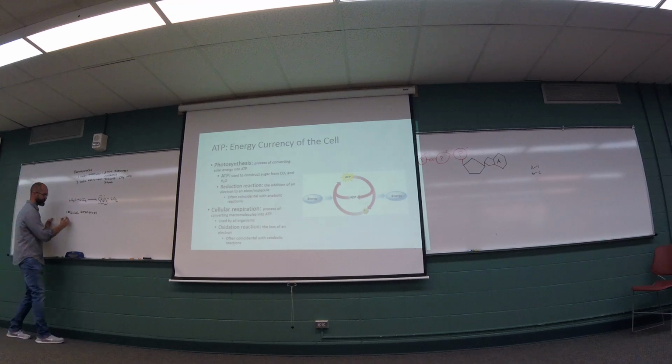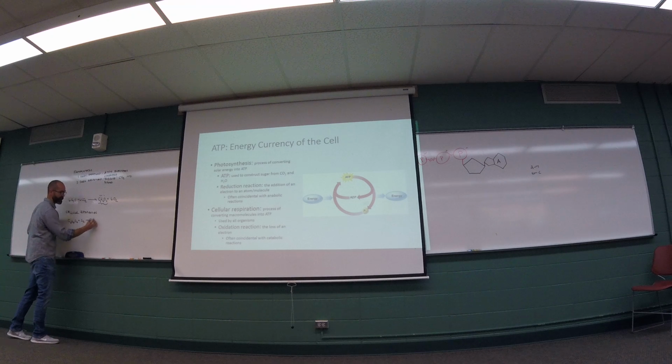But what happens is we take our C6H12O6, our sugar, and we add to it oxygen. And from those 2 reactants, we get the products of 6 oxygens. We get 6 carbon dioxides plus 6 water molecules.